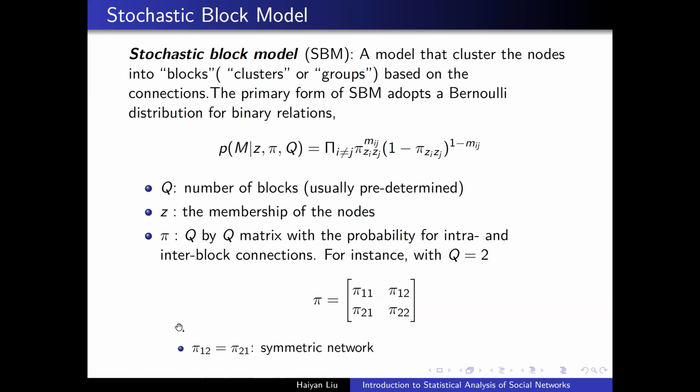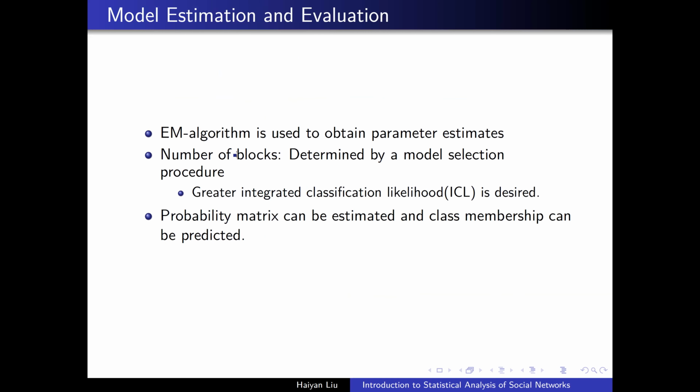By fitting a stochastic block model, we are able to understand the number of clusters, the probability for them to connect, and also the class membership. So we need to get the pi estimates and the predicted membership. We also need to select the number of blocks. To fit the model, we could use the EM algorithm.